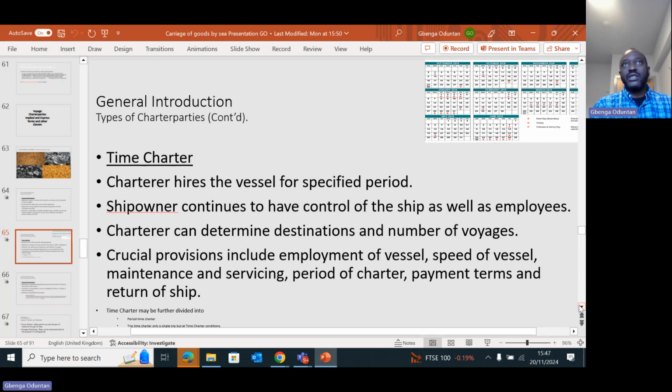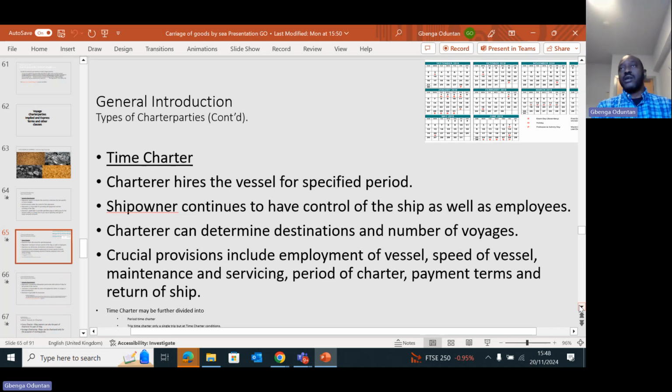The ship owner, in this case, may continue to have control of the ship because it's for the time, but the time may be so long that it might affect the level of control that the time charterer will exercise.